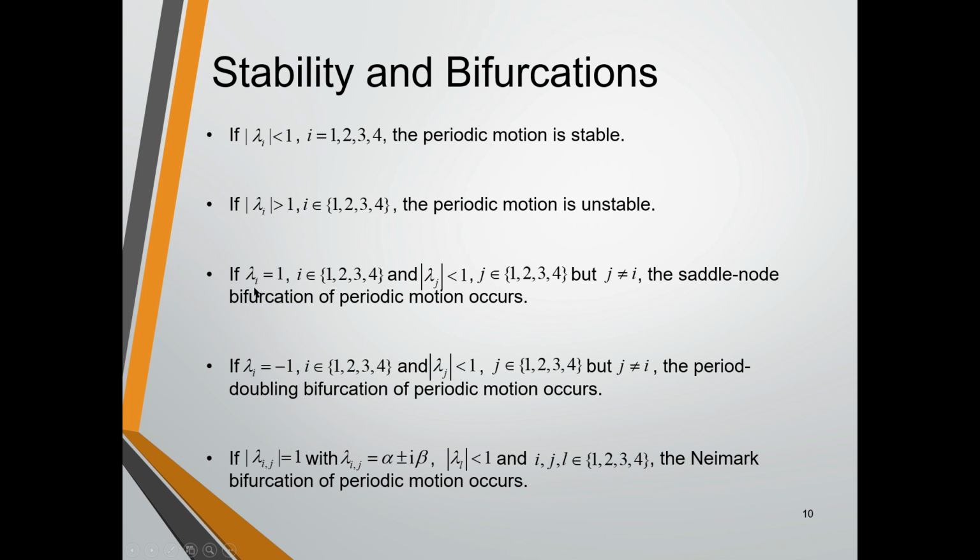If one of the eigenvalues equals 1 and the rest of the eigenvalues have a magnitude less than 1, then this is a saddle node bifurcation. If one of the eigenvalues equals -1 and the rest are less than 1 in magnitude, then this is a period doubling bifurcation. If a pair of the eigenvalues are complex conjugates and their magnitude equals 1, and the rest of the eigenvalues have a magnitude less than 1, then this is a Neimark bifurcation.